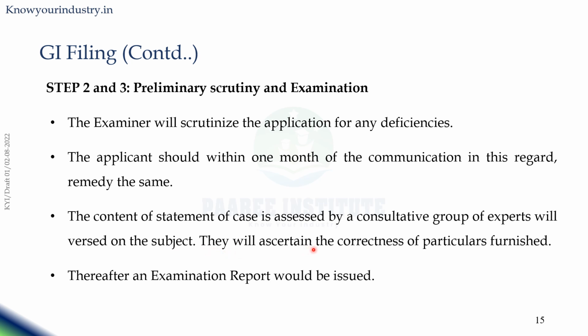They will ascertain the correctness of particulars furnished in the statement of case. Thereafter, an examination report would be issued. So, after scrutinization by the examiner and examination of the statement of case by the group of experts, an examination report would be issued to the applicant.